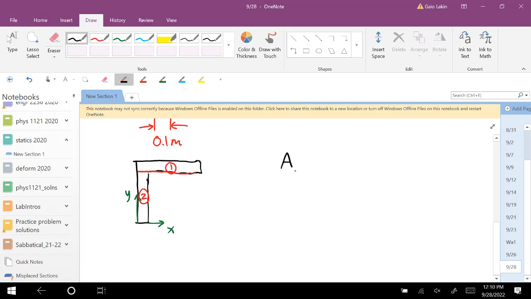For piece 1, the area is the length of 1 times the thickness of 0.1. So that's 0.1 meters squared. And the centroid of that piece is 0.5 for x. And for y, you're going to go from here, you have to go up 0.9 to get here, and then another 0.05 to get to the center.